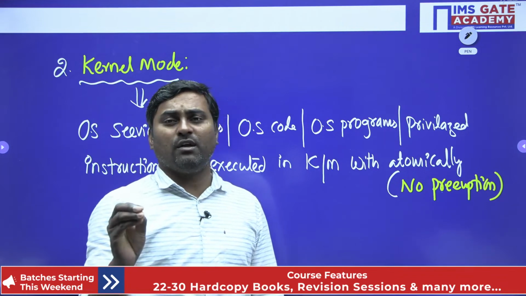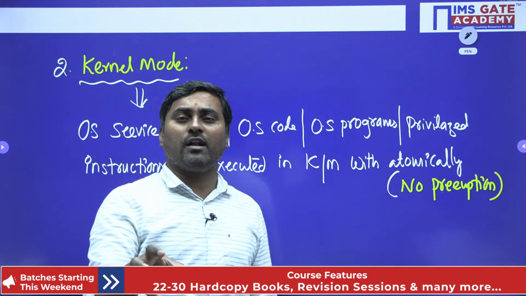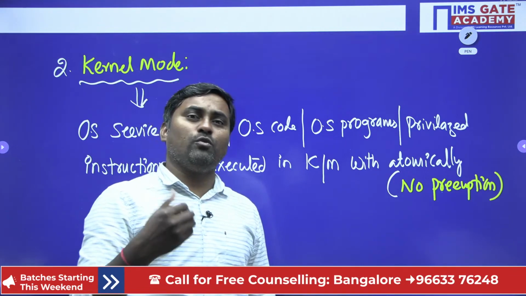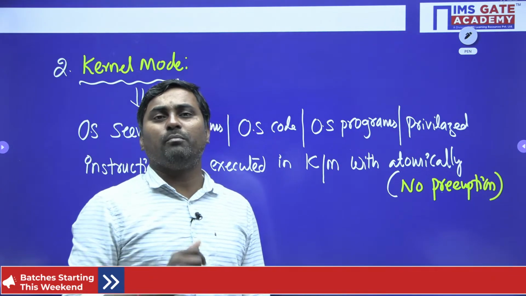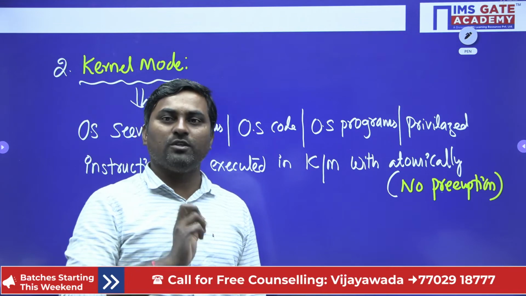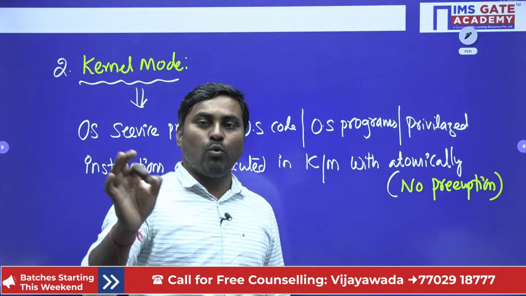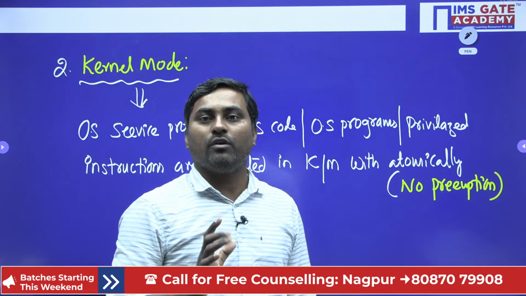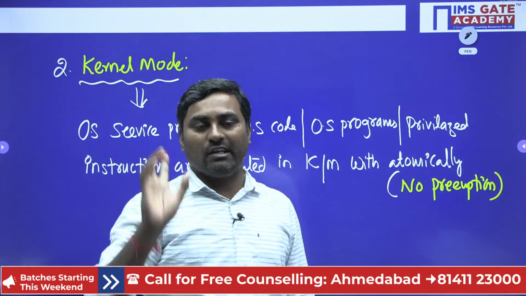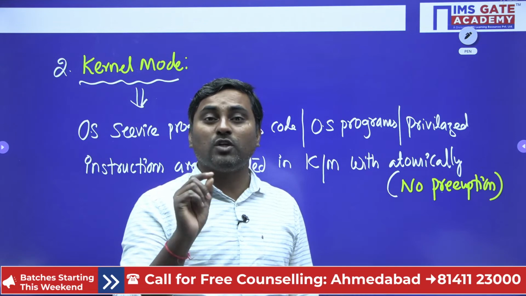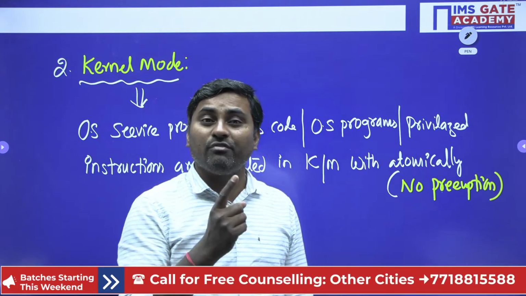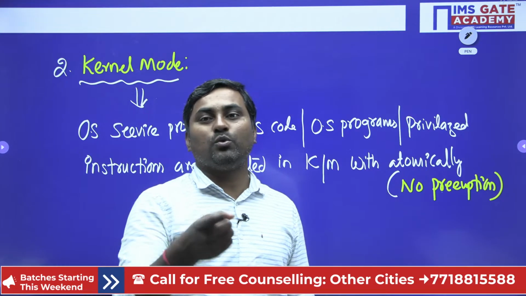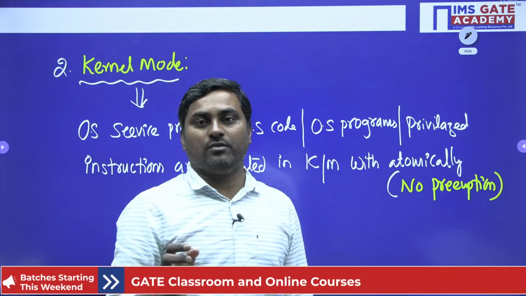Once execution of the code is over in kernel mode, then you shift into user mode, and user mode can run in a preemptible manner. Whenever OS code is to be run, it will run in kernel mode only, with protection. Nobody will interfere. What is the objective of running the OS code in kernel mode? Nobody should interfere with the OS code and corrupt it, so it will be protected.